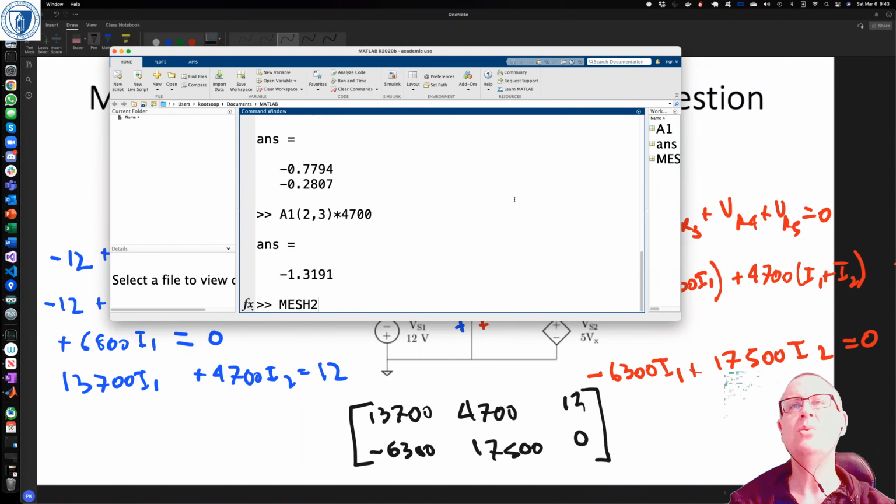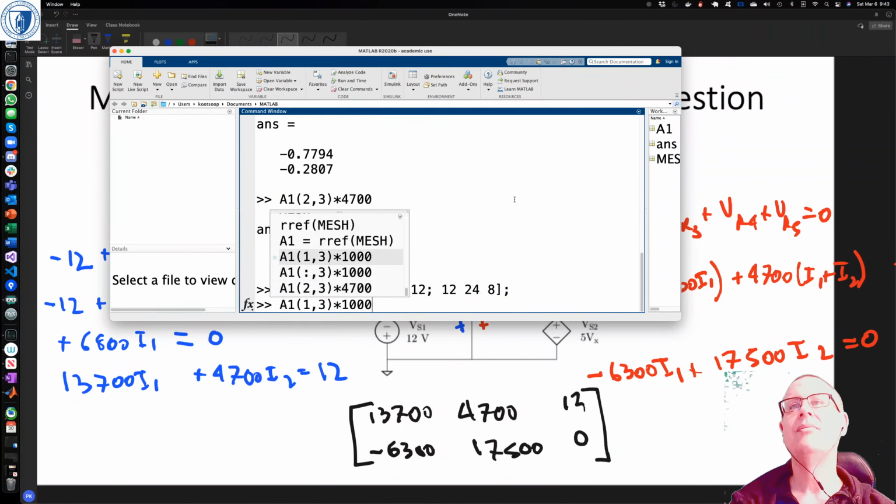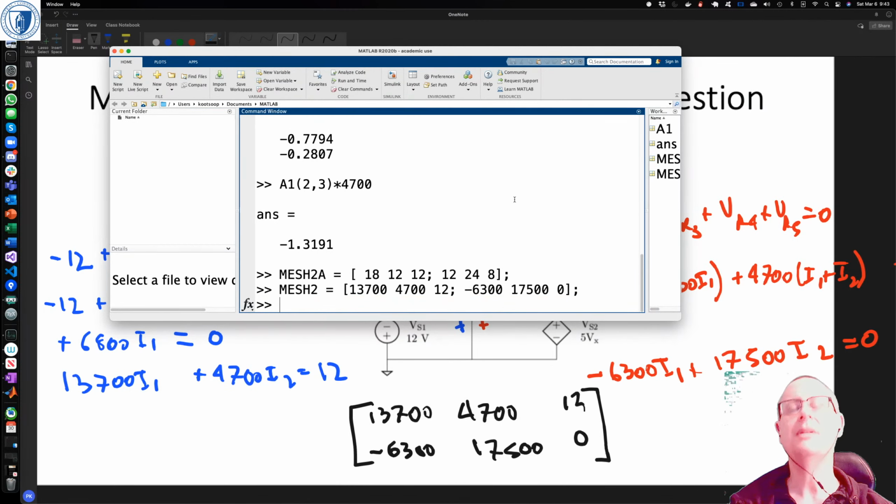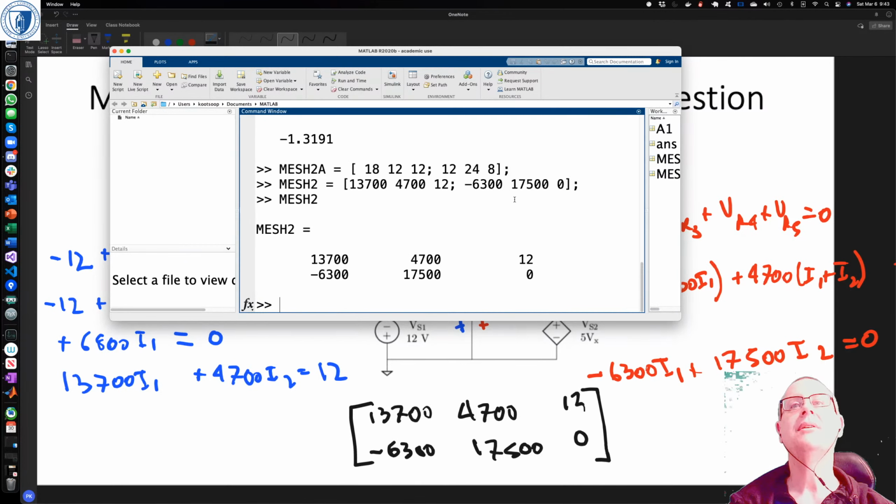So mesh 2 is exactly the same as what we had before, except that that's a plus sign, right? I think that's right. Let's just type it out. 13,700, 4,700, 12, minus 6,300, 17,500. It looks good. So then we can do A2 equals RREF of mesh 2.